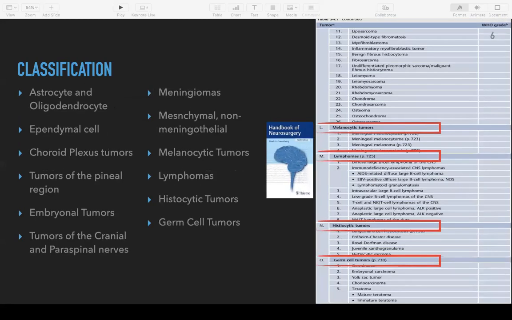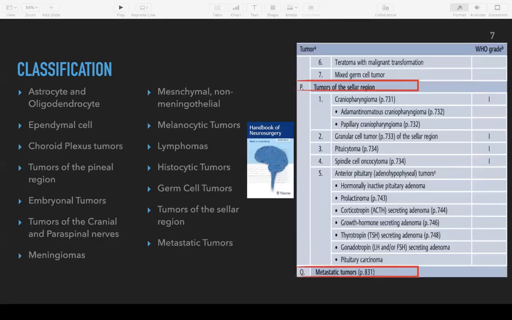We have melanocytic tumors, lymphomas, histiocytic tumor, and germ cell tumors. And again, about the location, we have sellar region and metastasis. So these are the main categories for brain tumor. Each of these categories has multiple tumors, okay?